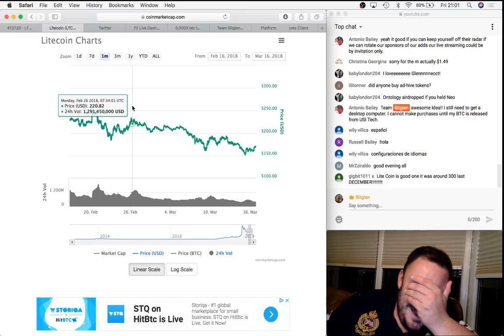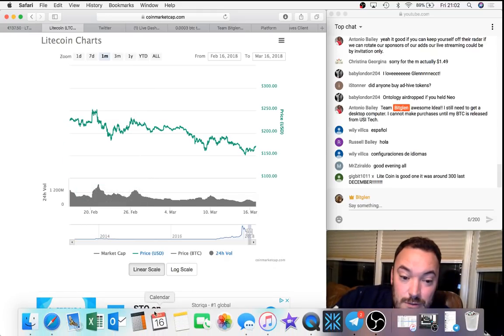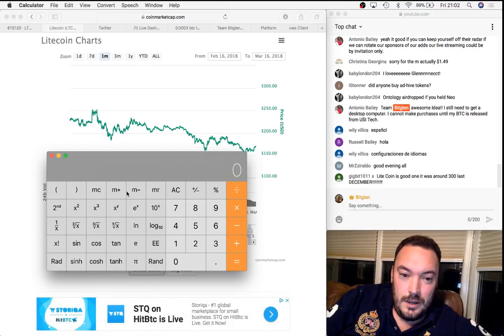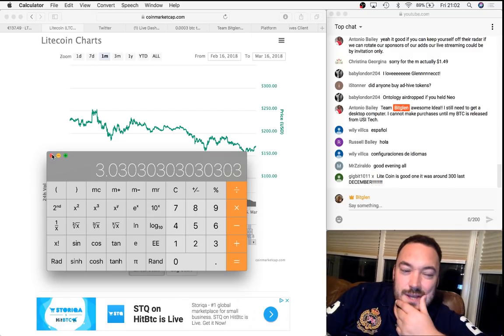If 10% of Litecoin is 17, then 16.50. You would have to do 220 minus 170 and then divide that by 16.53. Is that a 30% increase?